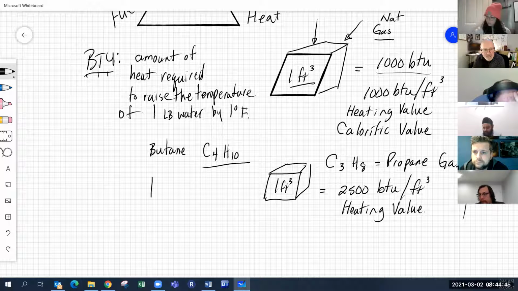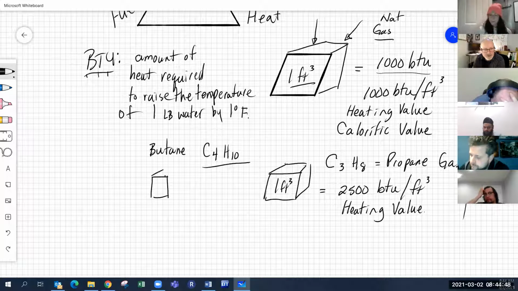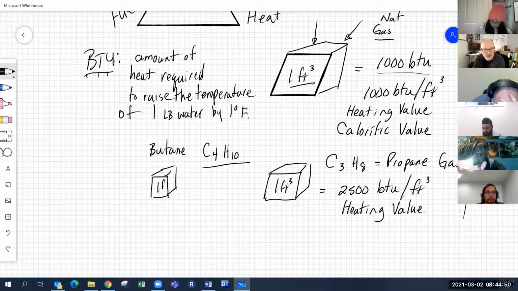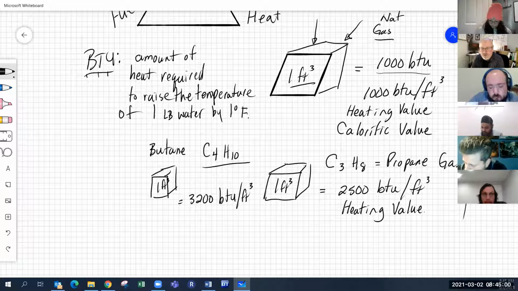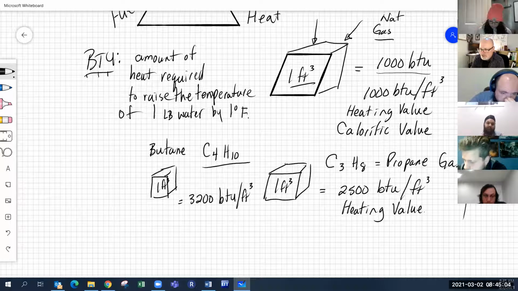It has a heating value, so 1 cubic foot of butane has a heating value of 3,200 BTUs per cubic foot. So those are 3 heating values that you need to know.